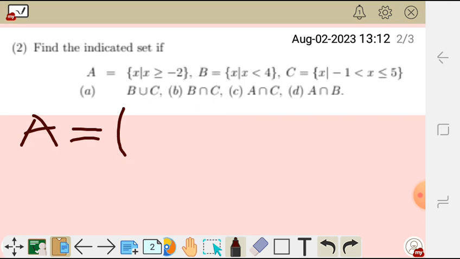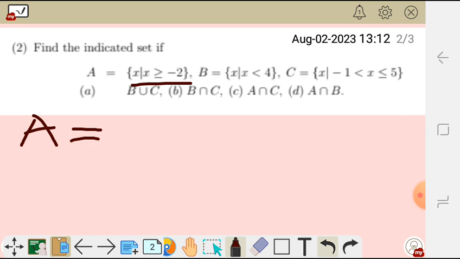So let's look at set A. They have given us a range stating that x is greater or equal to -2. So this set is going to involve all the numbers which are greater than -2, including -2 itself.